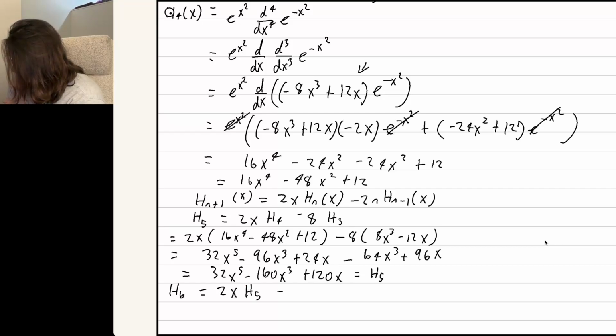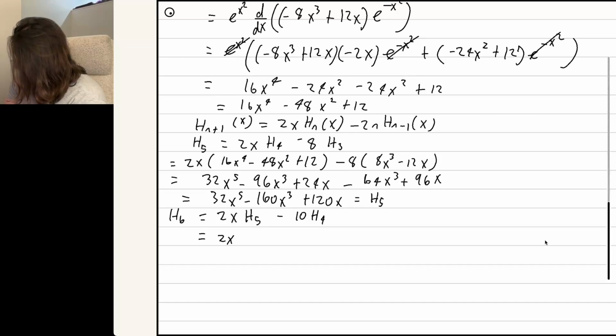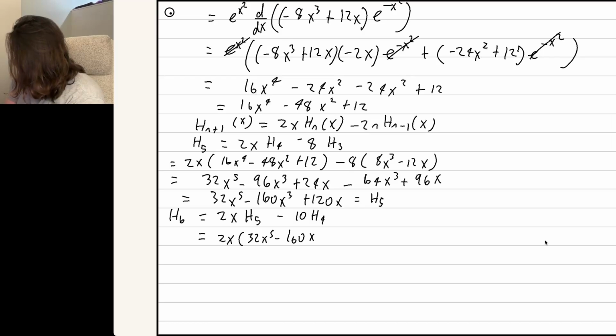H6 is going to be 2x times H5 minus 10 H4. So 2x times 32x fifth minus 160x cubed plus 120x minus 10 times 16x fourth minus 48x squared plus 12.